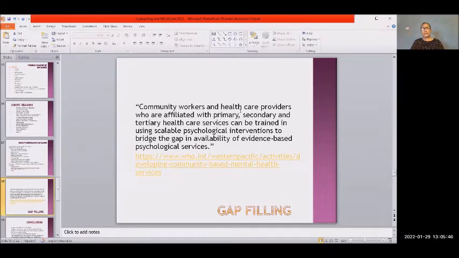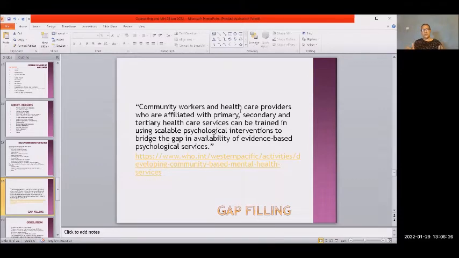Now, while preparing this slide and presenting the other slides, I found a statement by WHO, the World Health Organization, which says that community workers and health care workers, if they are helping people with mental health problems, should be trained in how to intervene in psychological disturbance.